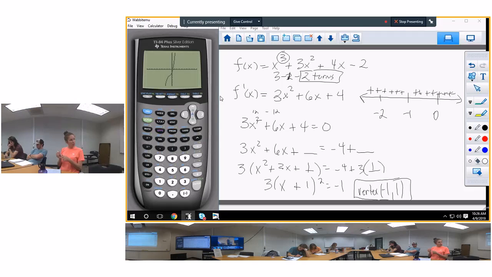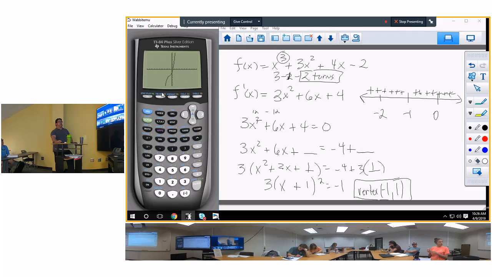Look at that. What's it doing? It's always what? Increasing. And your vertex, let's blow it up a little bit. Zoom. Let me see about zoom fit. Let's see if zoom fit will work. Where is zoom fit? Let's see if that makes it better. Yeah, there we go.